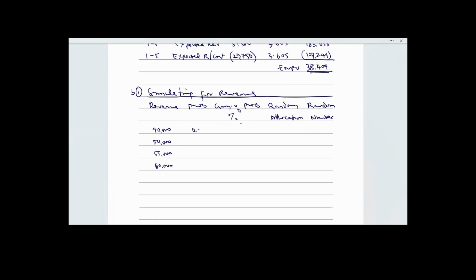Probability 0.15, 0.4, 0.3, 0.15. Let me confirm. Correct. Then I need to find the cumulative probability in percentage. The first probability is 15%. 15 plus 40 gives 55. 55 plus 30 gives 85. 85 plus 15 gives 100%.